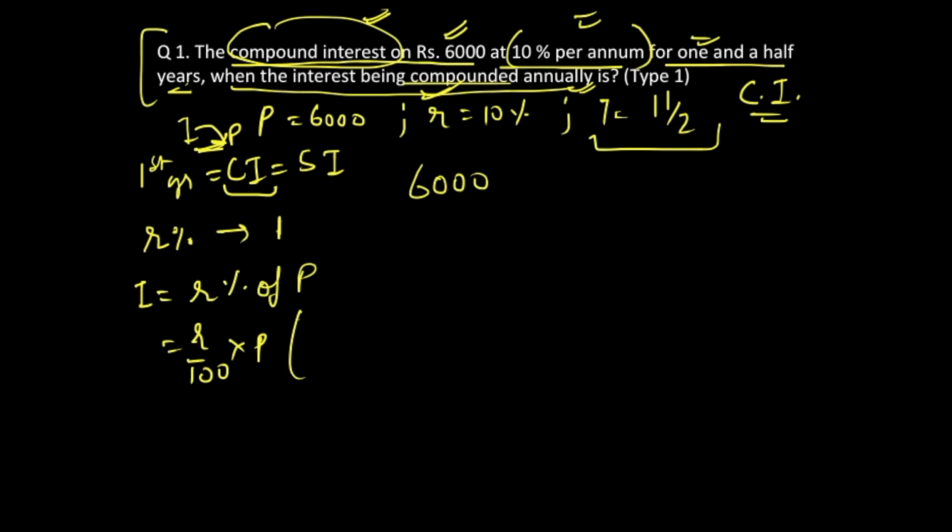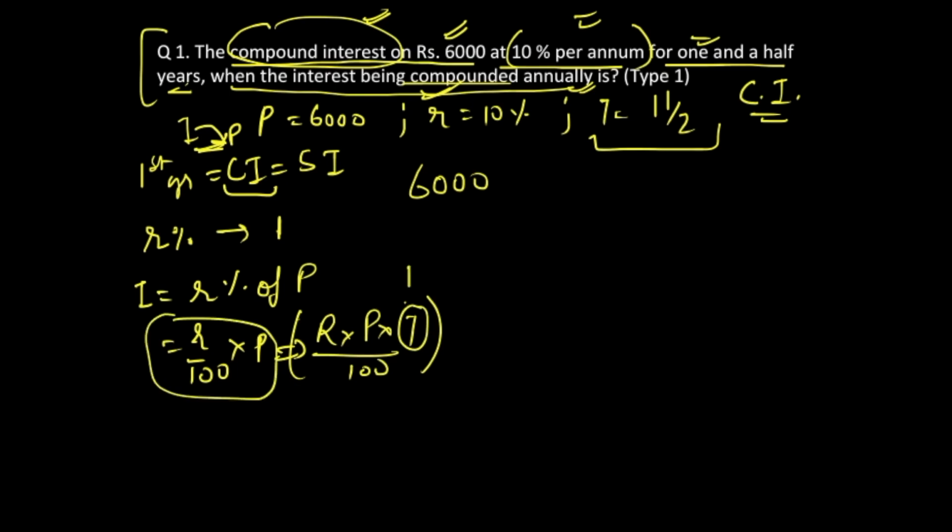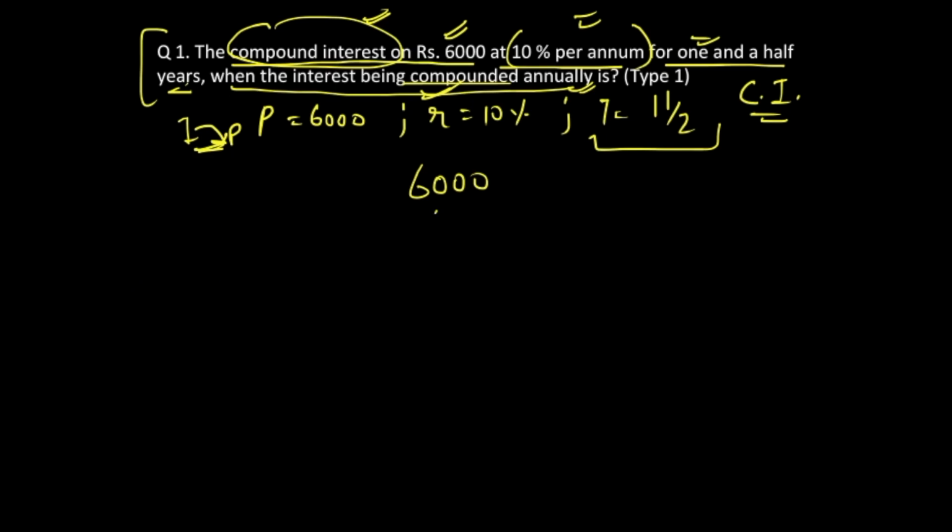So you had also known the same thing as P into r into t upon 100, and over here if you put t as 1, you're going to get this particular thing, which is nothing but r percentage of P, right? So this is one thing that you should keep in mind. Now for the first year, this 10% is going to work, right? And for the next year again 10% is going to work out, right?